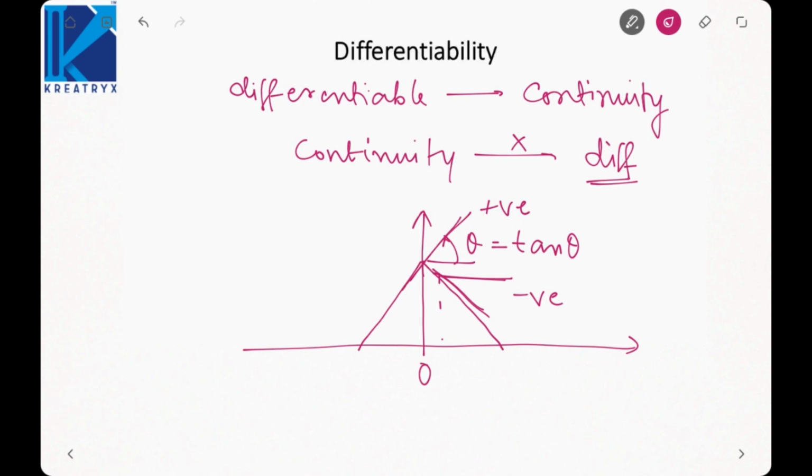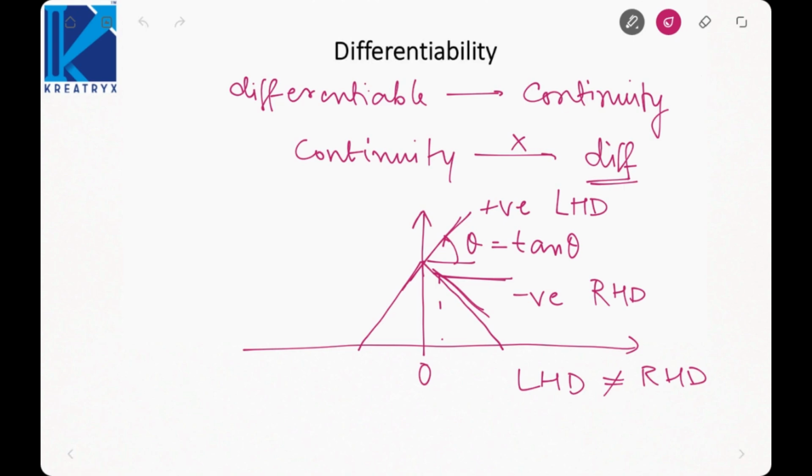That means the slope suddenly changes before 0 and after 0. And since slope is represented by derivative, the left hand derivative is positive, whereas the right hand derivative is negative. So here the left hand derivative is not equal to the right hand derivative. Hence it is not differentiable. Is it fine? Though it is perfectly continuous. So remember, continuity does not imply differentiability, but if a function is differentiable, it is definitely continuous.